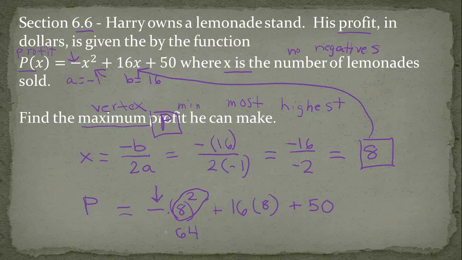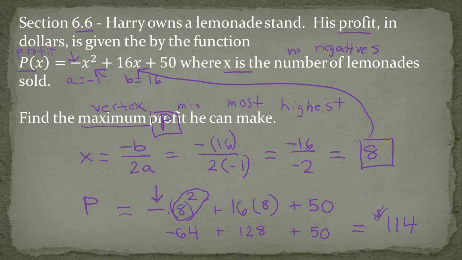Then you multiply by the negative. So you've got to have a negative 64 there. Plus, when you multiply 16 and 8, you get 128 plus 50. And then if you add all of those together, you should get 114.